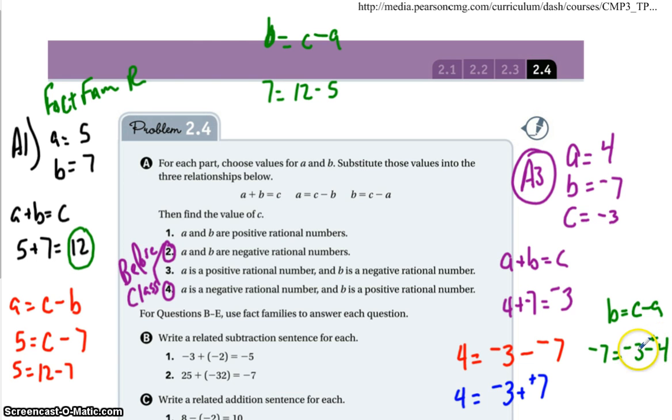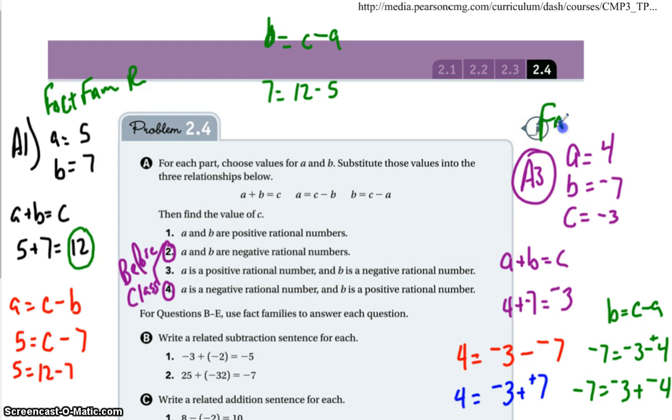So we're borrowing more. I would end up owing $7. So a negative 7 would equal negative 3 plus a negative 4, and again, subtracting a positive is like adding a negative. So it works for all three of them.